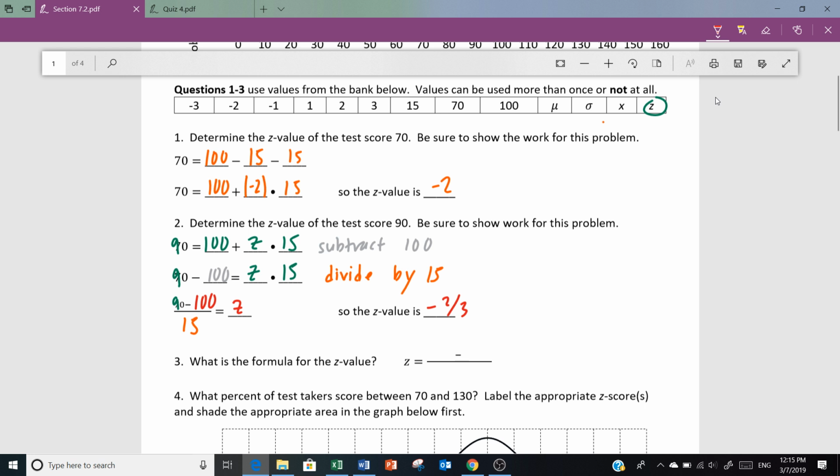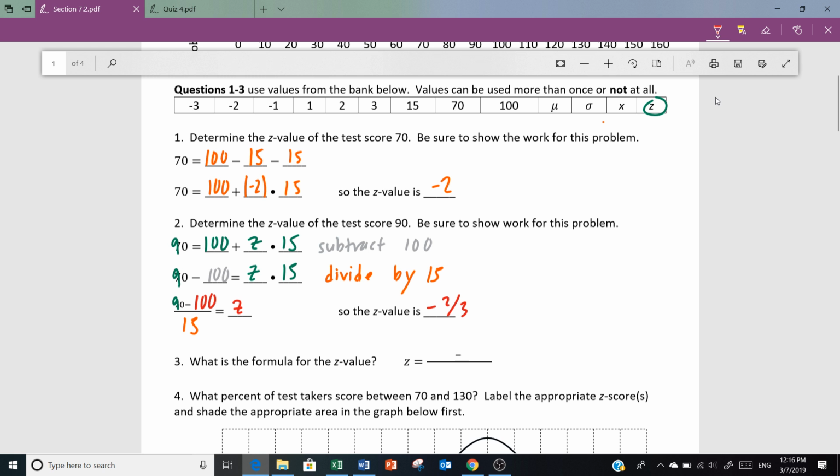The 90 is, we're going to call it x. So, yeah, that's correct. There we go. Very good.